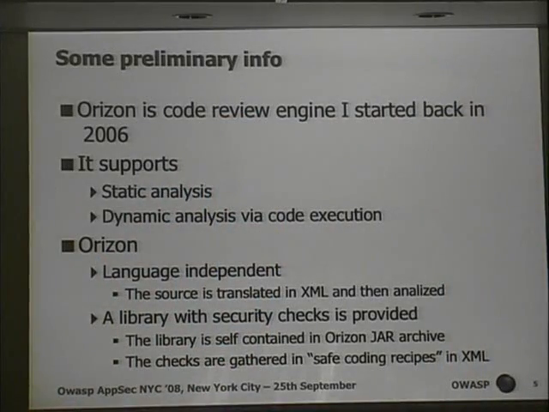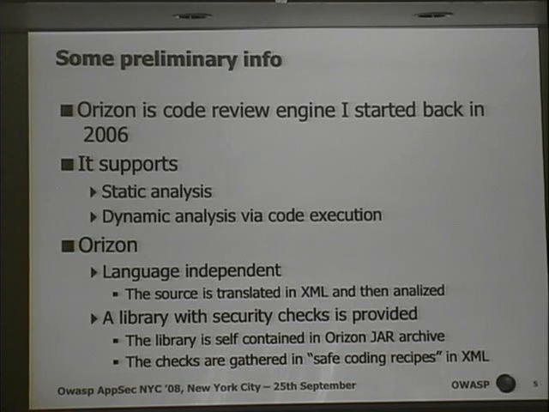When you look at a static analysis tool, you have to choose between a tool scanning Java sources or .NET sources, or a commercial solution that supports Java and .NET. But if you want to add another language, of course, you have to wait for the commercial solution to implement that language, or with the open source alternatives, you have to write it on your own.